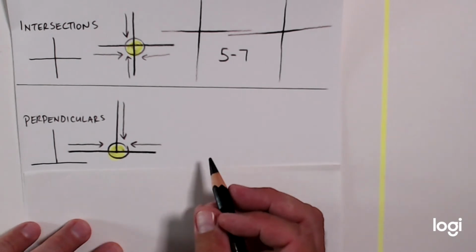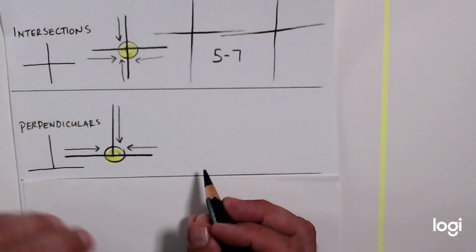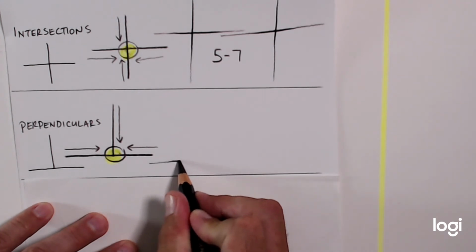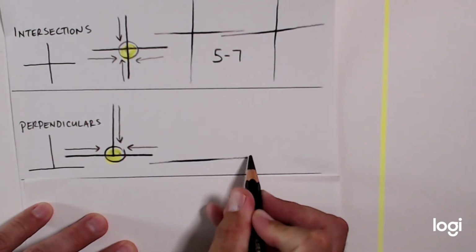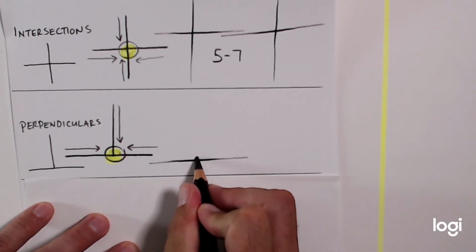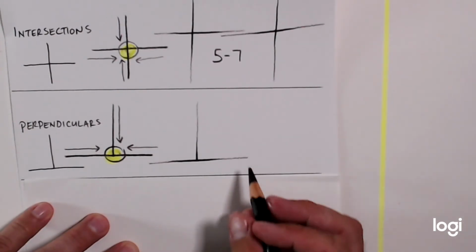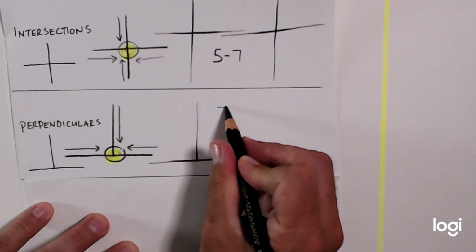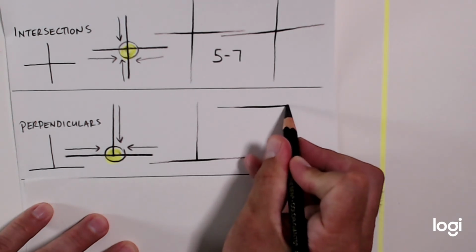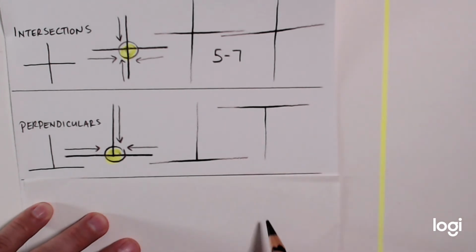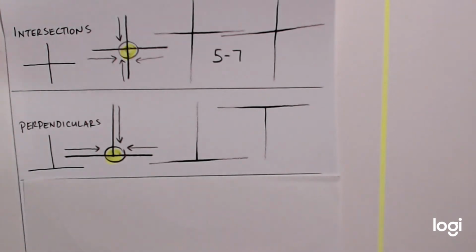So let's do a demo of that. I would take my pencil, less pressure, more pressure, less pressure as I go away. More pressure, less pressure as I drift away from the angle. Less pressure, more pressure, less. More pressure, less pressure as I go away. Okay? So that's a look at perpendiculars.